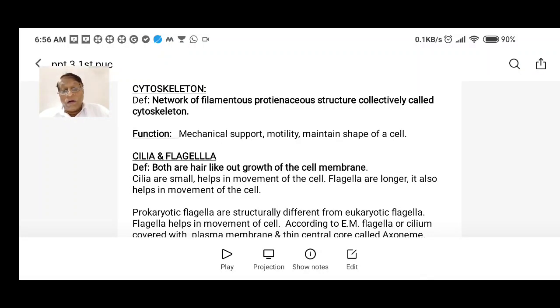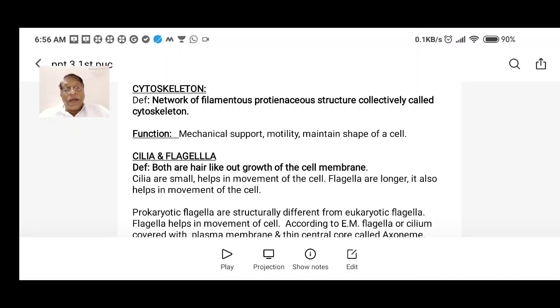Flagella are long when compared to the cilia. The flagella are also responsible for the movement of the cell. Okay.